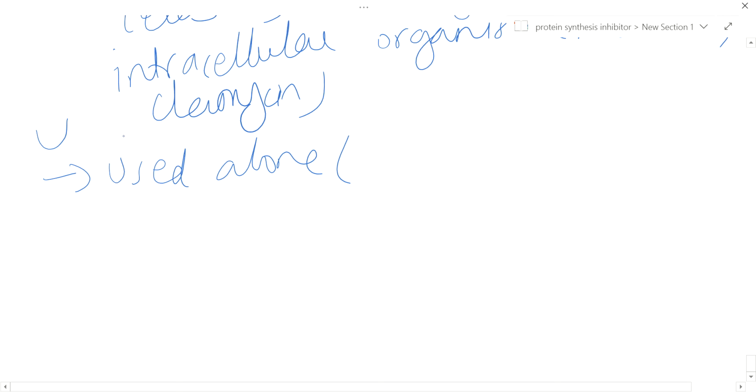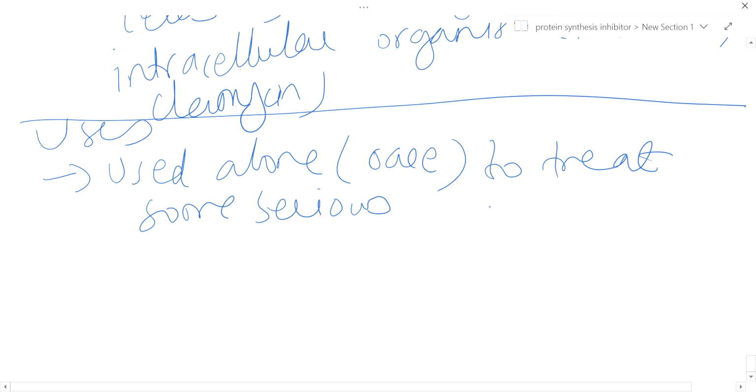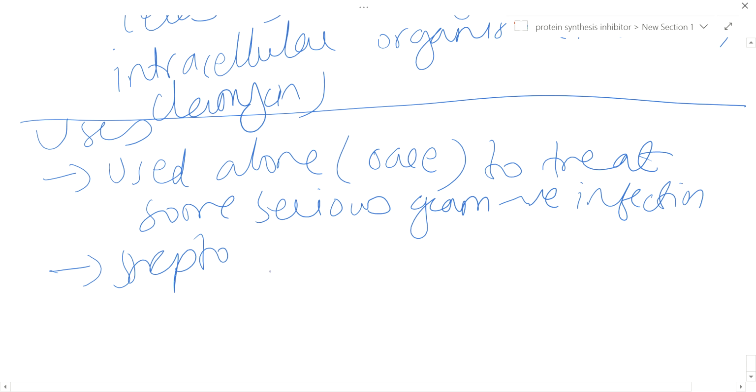Let's talk about uses. They are used alone rarely to treat some serious gram-negative infections. We all know that streptomycin, one of the drugs of aminoglycosides, is used to treat TB in combination with other drugs.